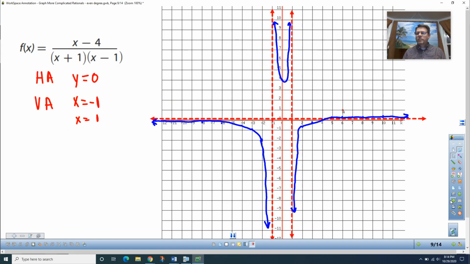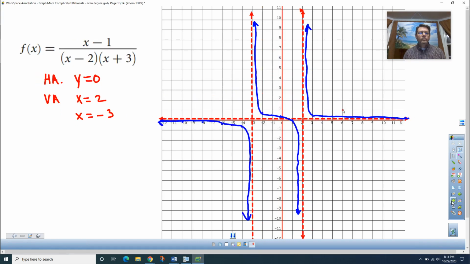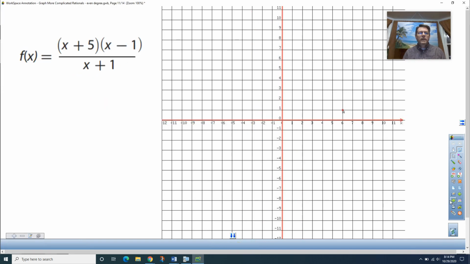And then when the degree on the bottom is bigger, that's for those two guys. And now we're ready for this guy here. We recognize that the top, the numerator, the degree is 2, because 1 and 1 makes 2. And then the degree on the bottom is 1, so the degree on the top is bigger.